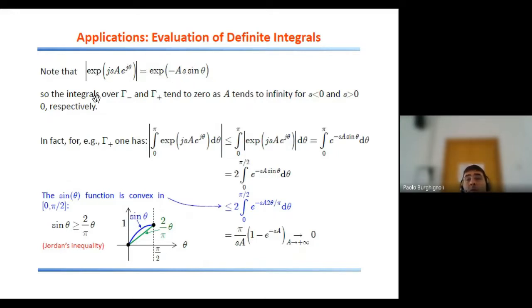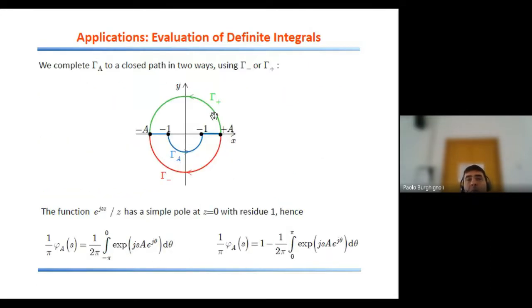So we may conclude that the integrals over the two circles, gamma minus and gamma plus, go to 0 when a is made very large. If you let a go to infinity, those two half circles become larger and larger, but the integral along those half circles goes to 0.